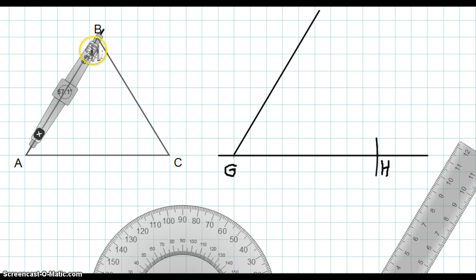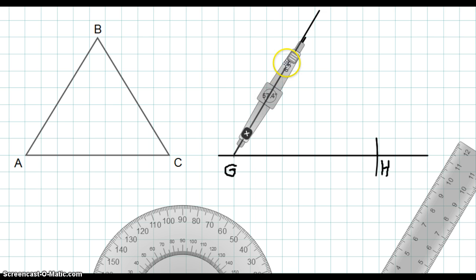So I want to use my compass to find out the length of BA, and I think that's it. Okay, so then I'm going to bring my compass over here to this triangle that I'm trying to draw now, and put my needle point right on point G. Okay, and I'm going to make a mark using my compass.